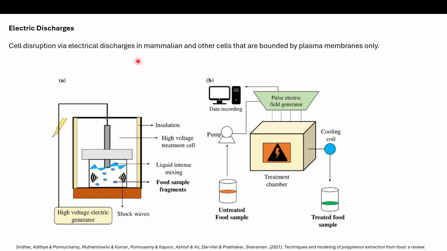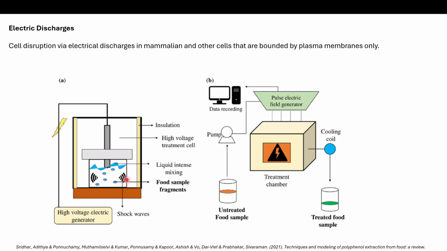Now there can be electric discharges as well, where the cell is disrupted using electrical discharges in mammalian and other cells that have only a plasma membrane. Usually, this is an insulated chamber, a high voltage electric generator is there, and shock waves are created. This example is from this particular article.